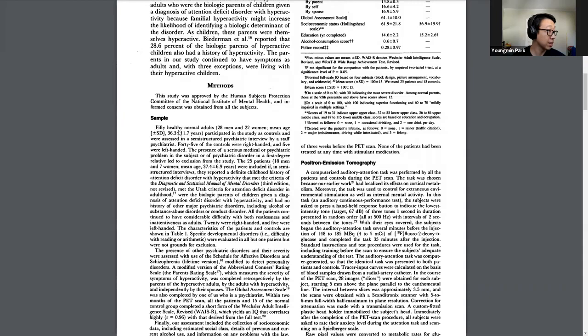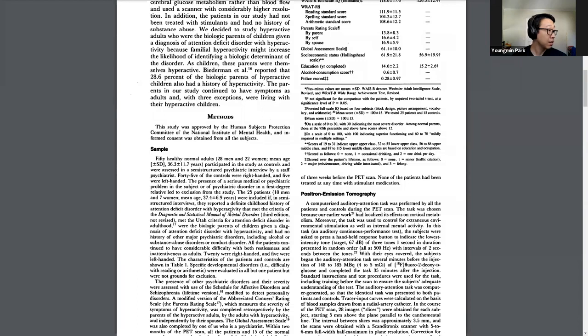All right, so more details. "50 healthy normal adults, 28 men, 22 women, participated in the study as controls and were assessed in a semi-structured psychiatric interview." And yeah, they go into these details. They take note of a ton of different things, right and left-handedness, the past severe medical or psychiatric problems.